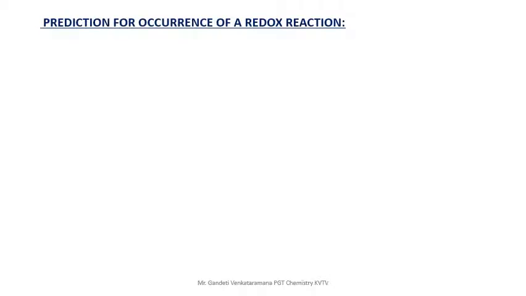Prediction for occurrence of a redox reaction. How to predict the occurrence of a redox reaction? That means whether the reaction takes place or not. A redox reaction occurs spontaneously if delta G is negative. We already studied in thermodynamics, if delta G, the change in Gibbs energy, is a negative value, that reaction is spontaneous.